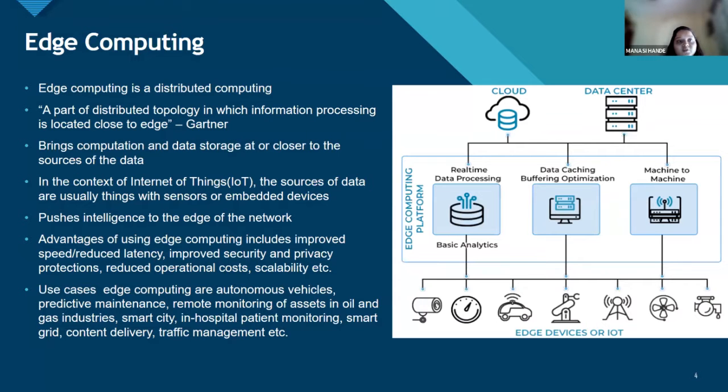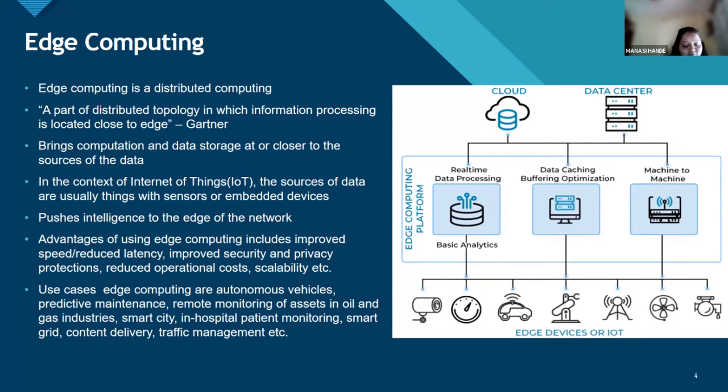Now, what is the edge? Edge is nothing but distributed computing. It is a part of a distributed topology in which information processing is located close to the edge. Edge computing brings computation and data storage closer to the devices where the data is generated.